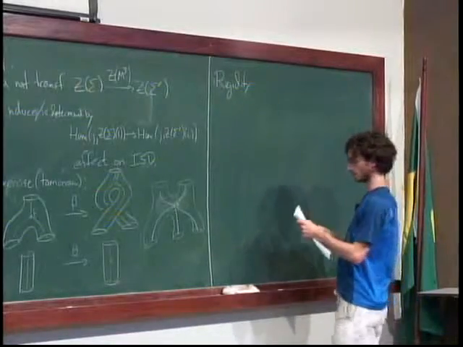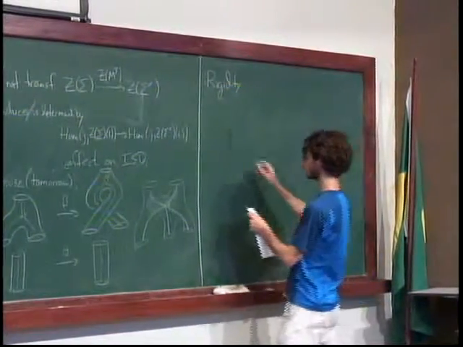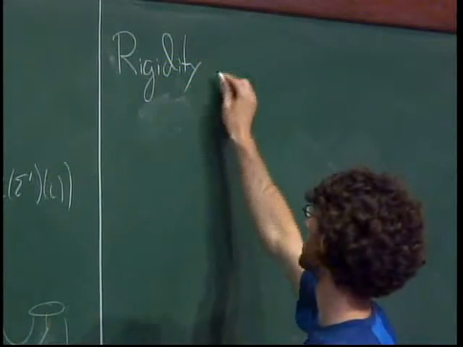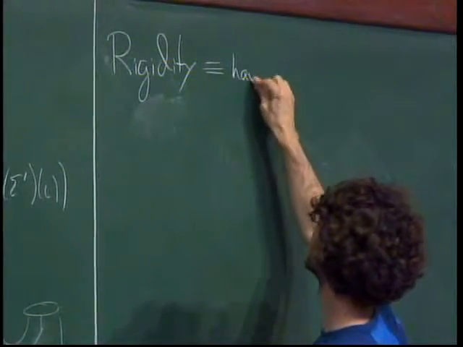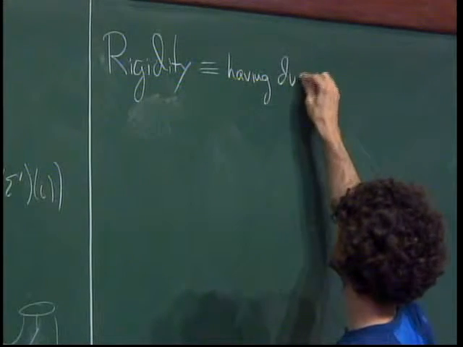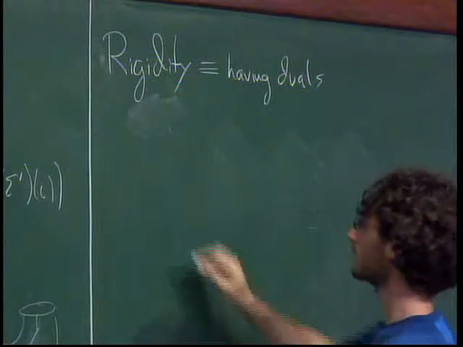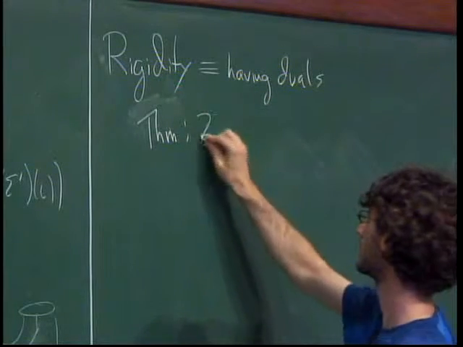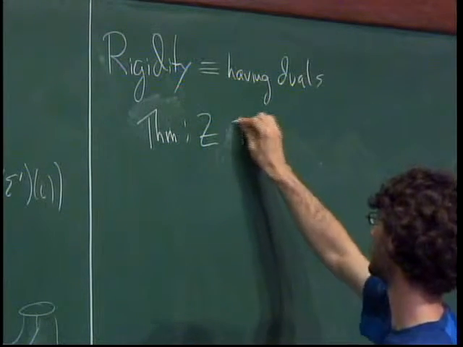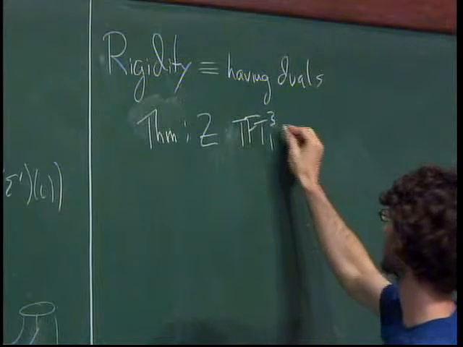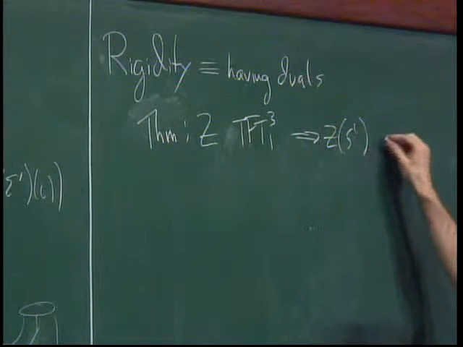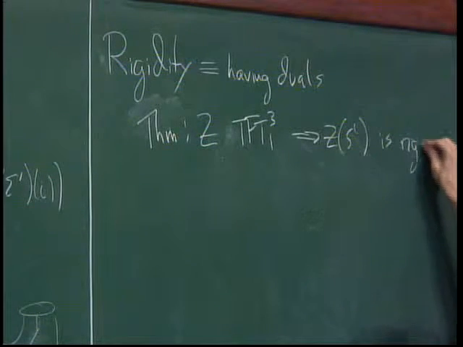It's just the same terminology, synonymous with having duals. So the theorem is that if Z is an extended 1, 2, 3 TFT, then Z of S1 is rigid.